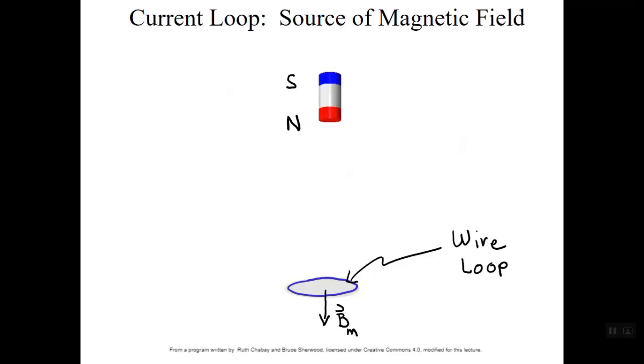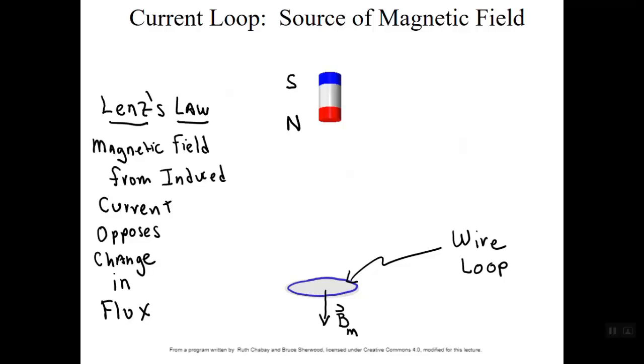Let's discuss how the direction of that second magnetic field is related to Faraday's law. This is described by something known as Lenz's law, which states that the magnetic field from the induced current opposes the change in flux. Let's see how that works out here.